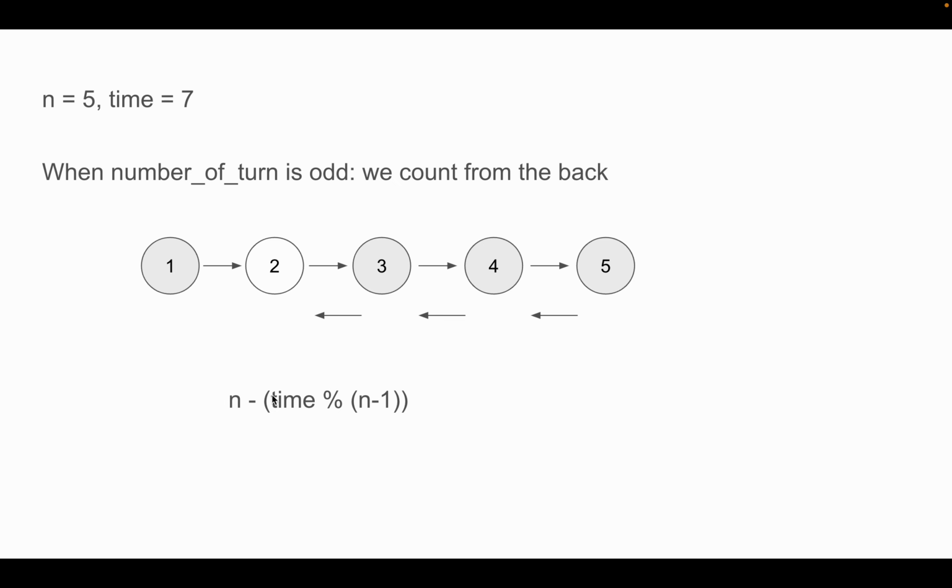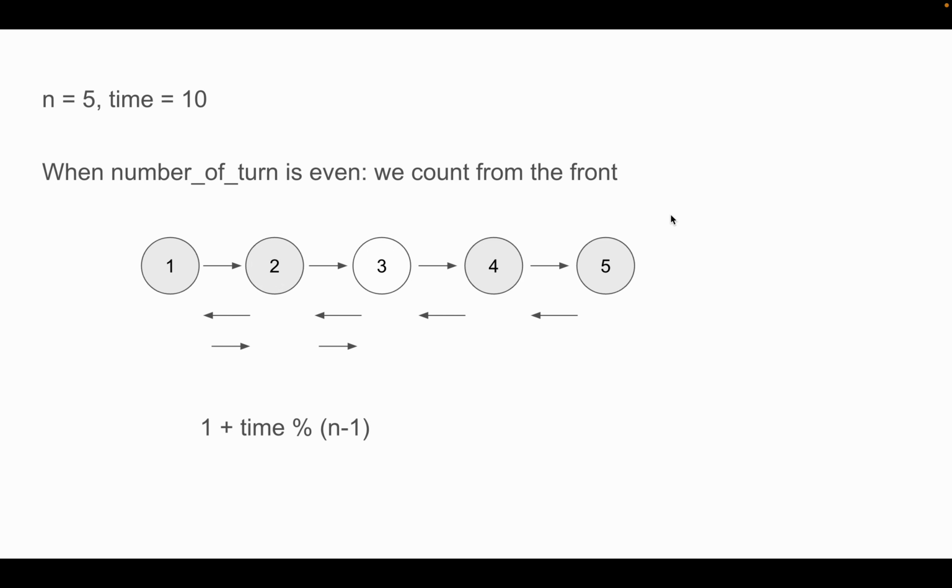So we can say n minus 3, which is 5 minus 3, because we're moving 3 times in the last sequence. So this is 2. And for the even one, instead of using n minus, we can use 1 plus, because we're starting at position 1. In this case, time mod n minus 1 is 2, and I can use 1 plus that.